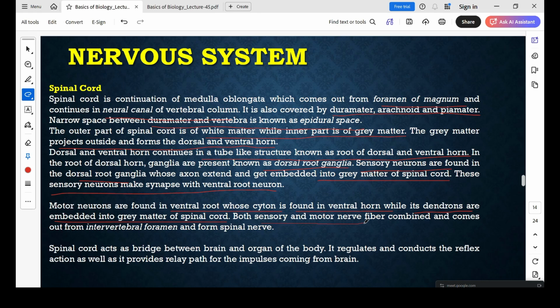Both sensory and motor fiber are combined and come out of intervertebral foramen and form the spinal nerve. The spinal cord essentially acts as a bridge between the brain and the organs of the body. It regulates, conducts reflex action as well as provides relay path for impulses coming from the brain.